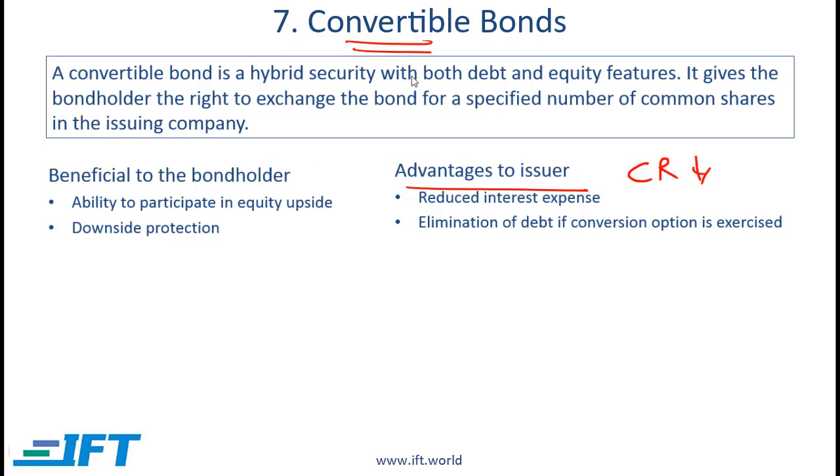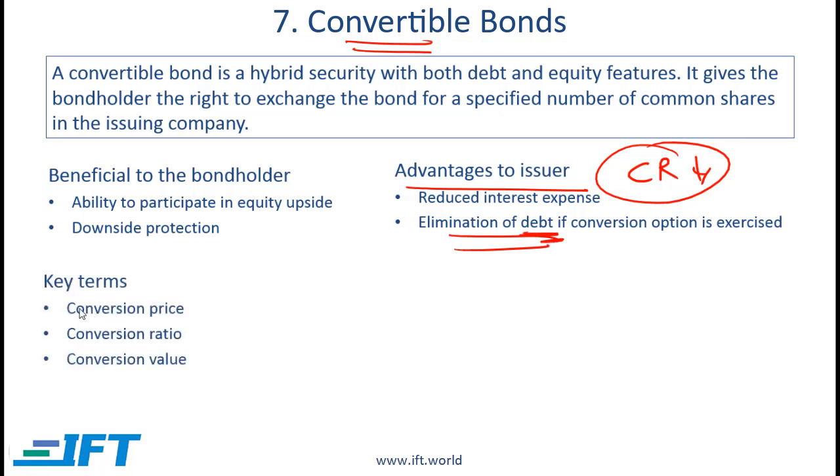In return for that conversion option, the issuer can pay a lower rate. The other obvious point is that if the investor converts the bond into equity, then that eliminates the debt. Obviously, the debt eliminated here is the debt associated with the convertible bond. The other debt still remains.